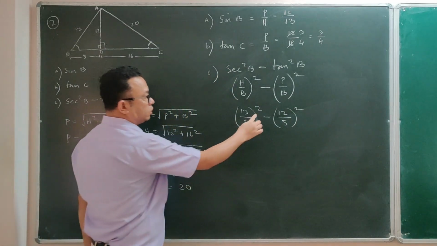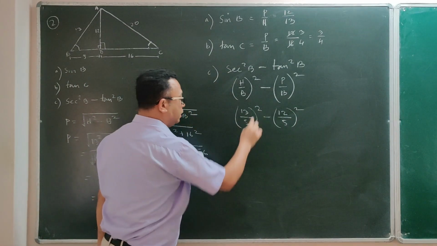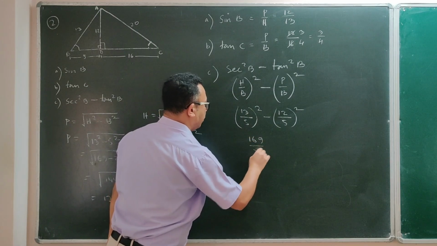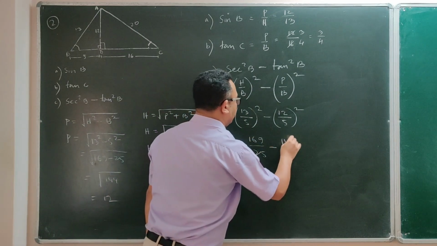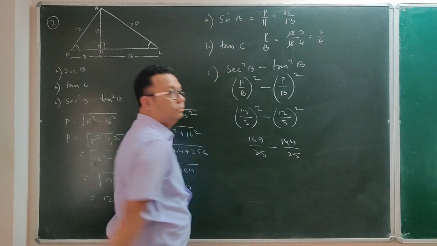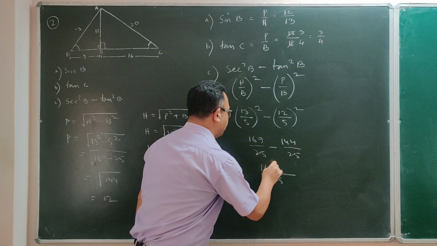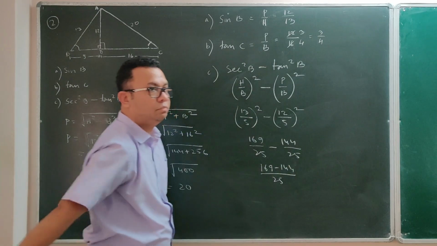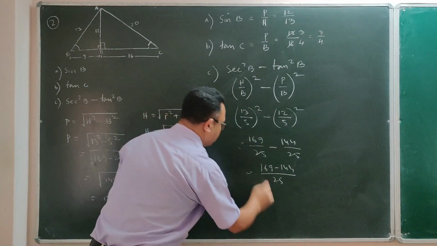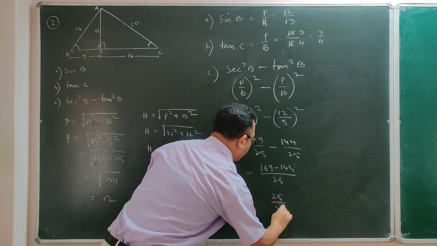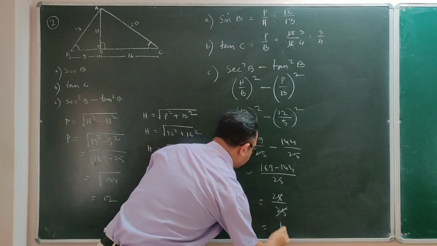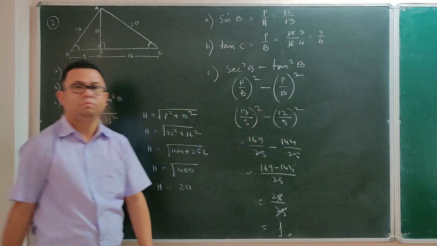As you square this, the square applies to both numerator and denominator: 13 squared is 169 over 25, minus 144 over 25. Taking the LCM as 25, you have 169 minus 144. If you subtract the two, it gives you 25 by 25. When you cancel, the answer is 1.